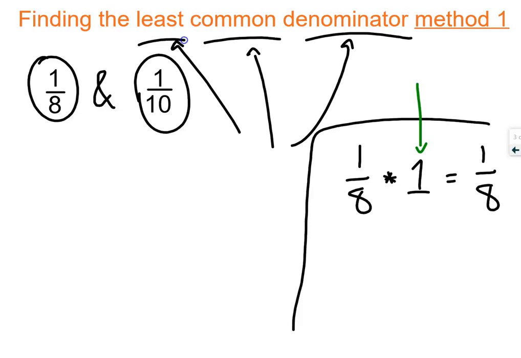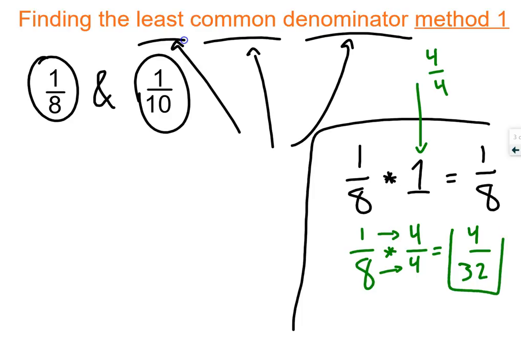If I wanted it to be 4/4, I could use 4/4. I could take 1/8 times 4/4, and that would keep it the same value, giving us 4 on top and 32 on the bottom. 1/8 and 4/32 are the same exact fraction. Notice we just multiplied it by 1 using the identity property. So that is what we're going to be doing.